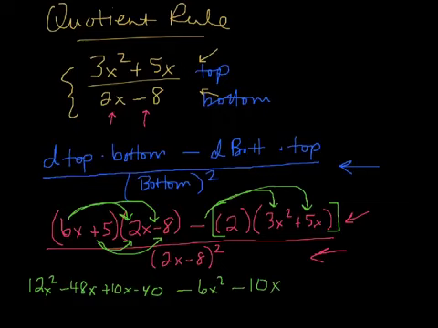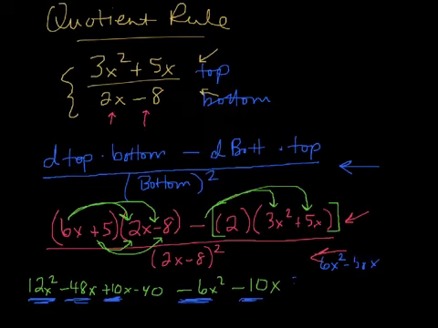When you do cleanup and gather like terms, I have 12x squared and negative 6x squared. That's going to leave me with 6x squared. Then I have negative 48x and negative 10x. Oh, I forgot that 10x. So that 10x cancels with that 10x.